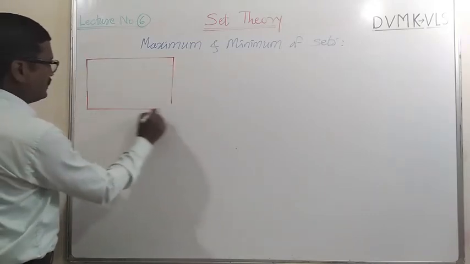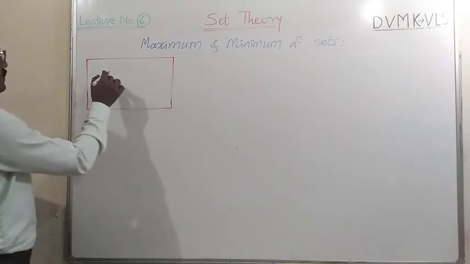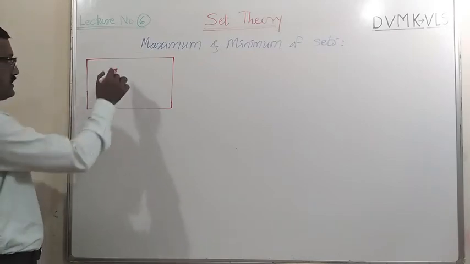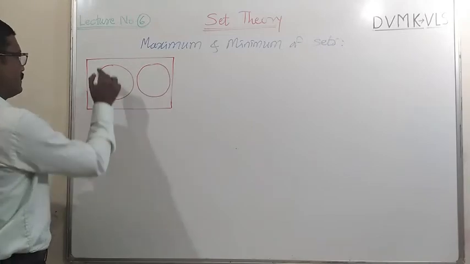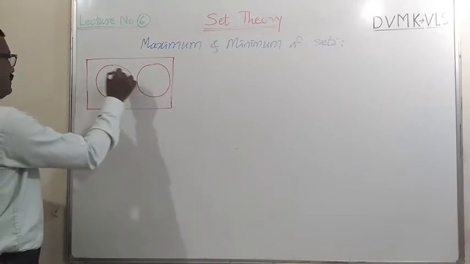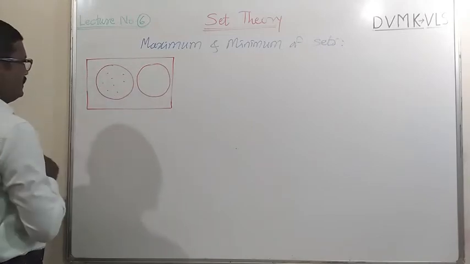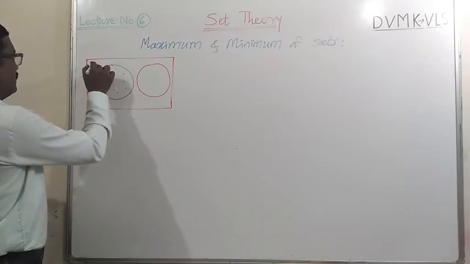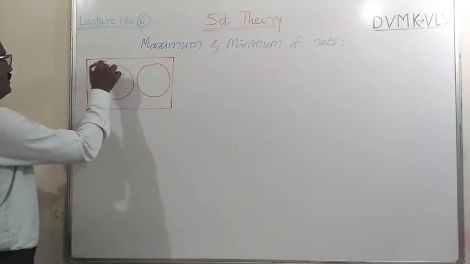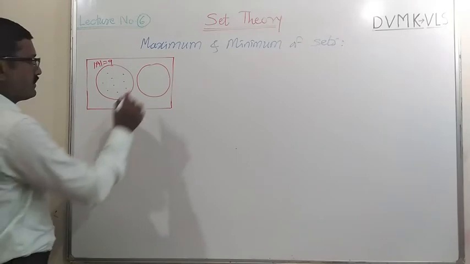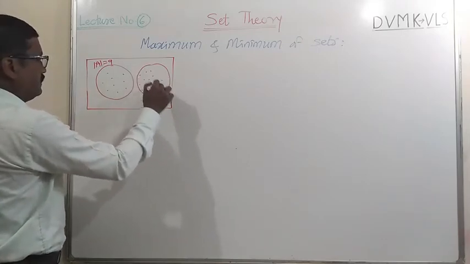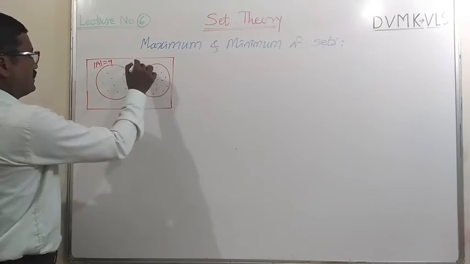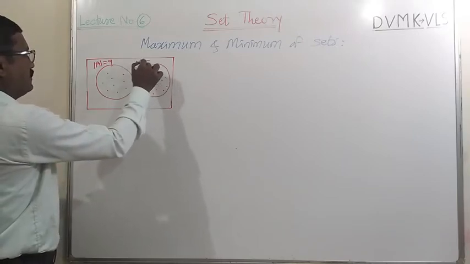Let us consider two sets A and B, which are disjoint sets, meaning there is nothing common between these two sets. Suppose set A contains 9 elements, meaning the cardinality of A is equal to 9, and set B has cardinality, suppose, 18.